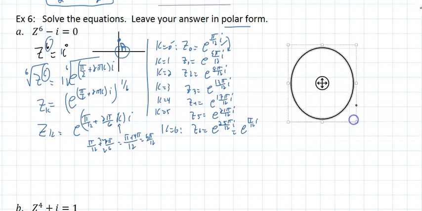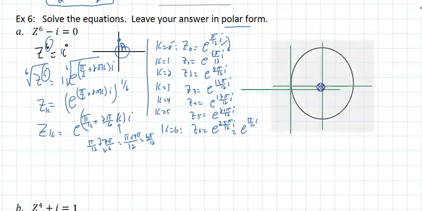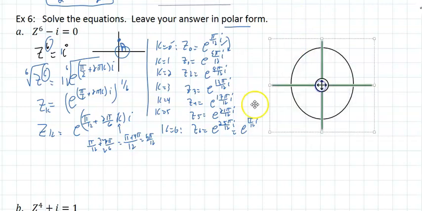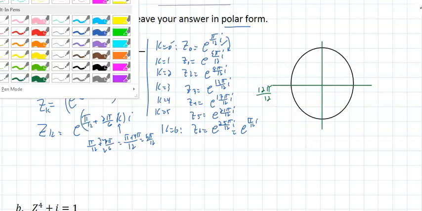Now, to put this in perspective, we sketch a circle with a radius of 1, and what we do, we split this, we need it over 12. We know this is pi, which is 12 pi over 12. So I need to split this into 12 equal parts.